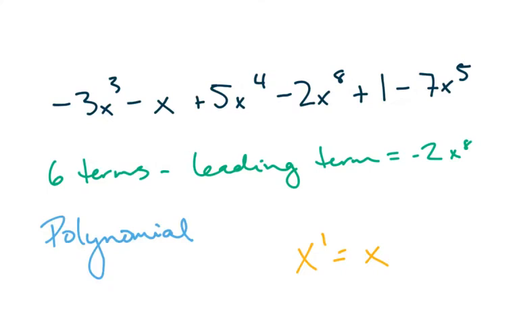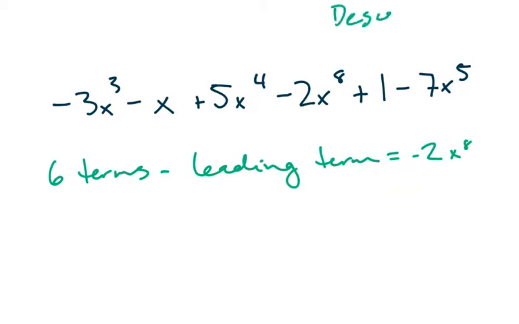And let's put this in order. So I'm going to erase this. And so we order polynomials in descending order. So I start with the highest degree, which is here. So I'm going to write -2x to the 8th power. The next highest degree is -7x to the 5th power.